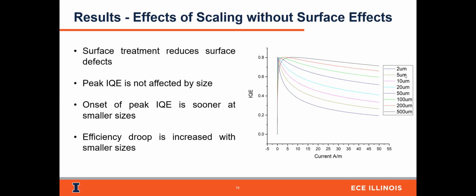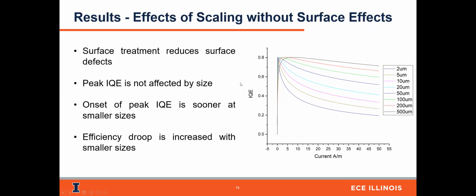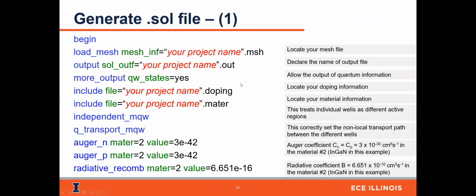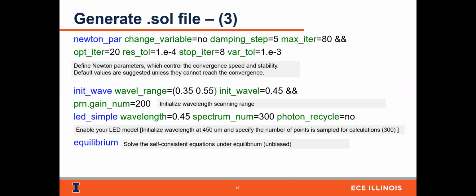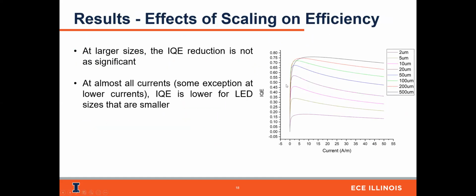So you can see that smaller size in micro LEDs typically leads to stronger efficiency droop. And I think that's it for micro LED simulations. We did not talk about how to plot those data because I assume that you know how to collect those data from the regular lectures.